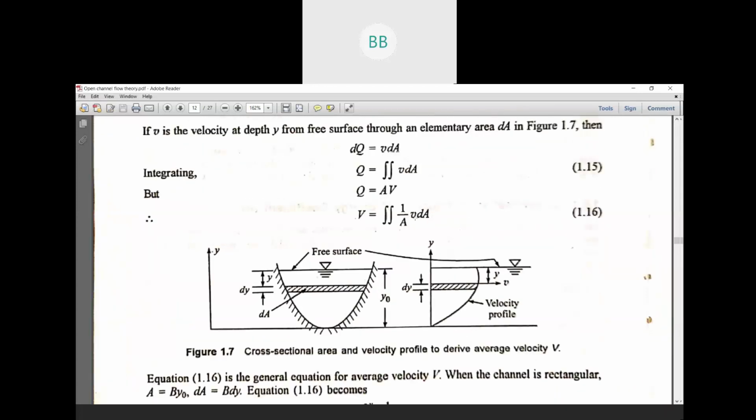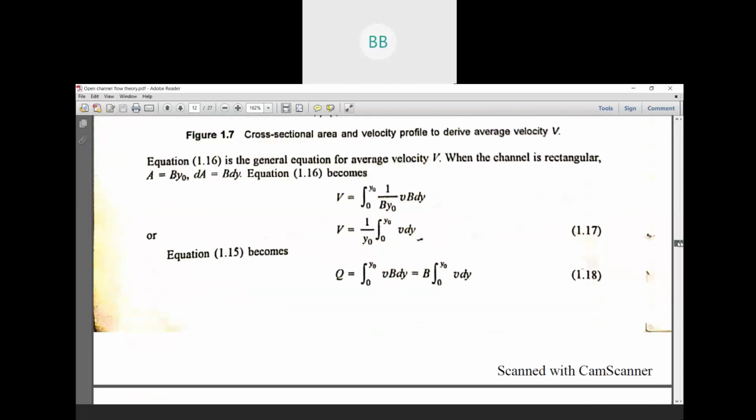In place of dA we substitute the area of the selected small area, B into dy. So this B and this B cancel out, we bring 1 by y naught out, and what is left is the integration from 0 to y naught of v dy. This is the average velocity expression for a rectangular channel.